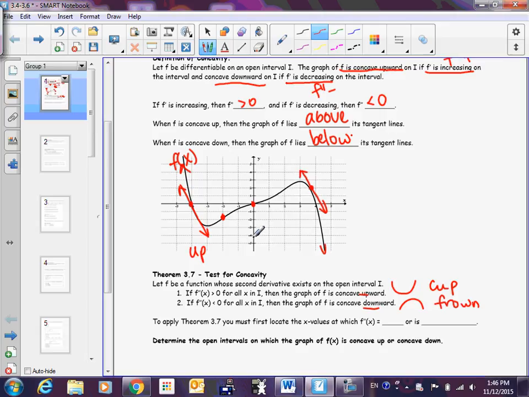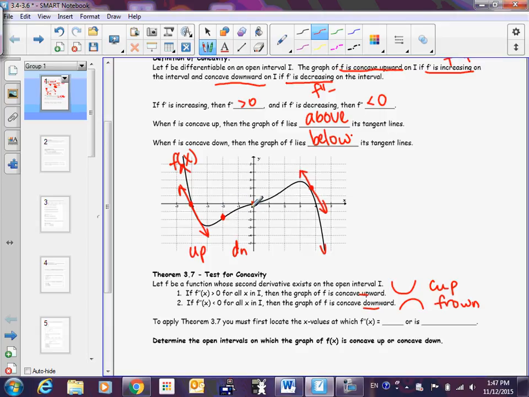It would be below. It's not curved a whole lot, but it's bent downward, basically. So this little piece right here is actually concave down, and that change is happening at about -2.